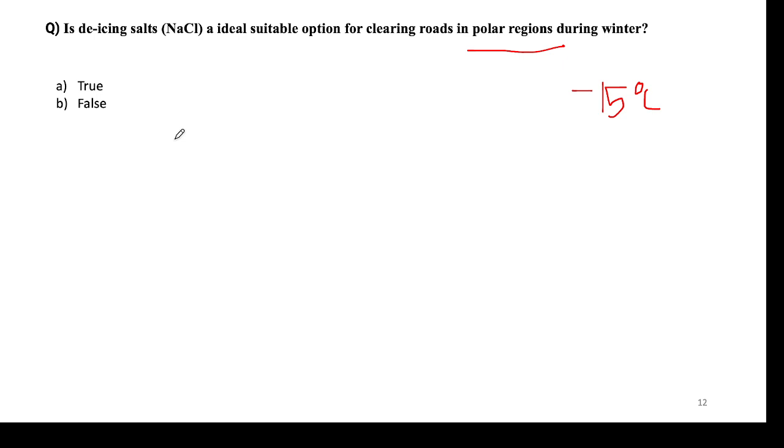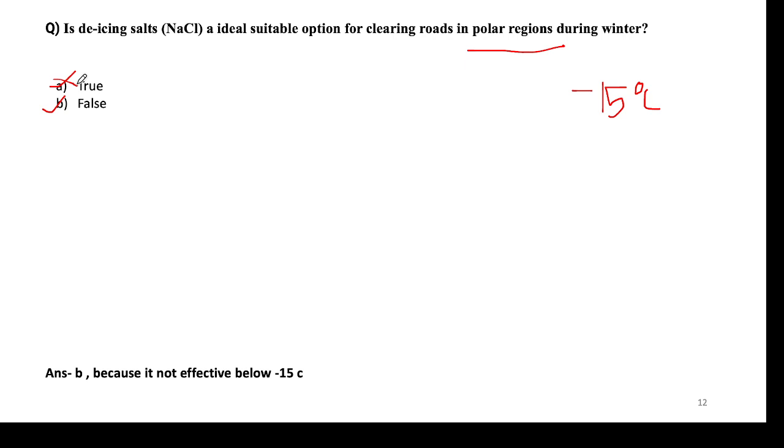Okay, let's see the answer. Oh, so answer B is correct, not A. It's false. We can't use normal salt. The answer is because it is not effective below minus 50 degrees Celsius. The polar region means very negative temperature, more than minus 15 up to minus 30 degrees Celsius also, right?